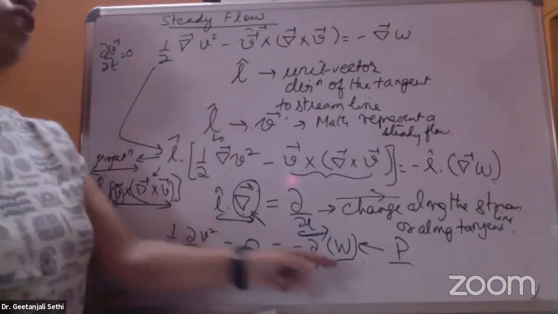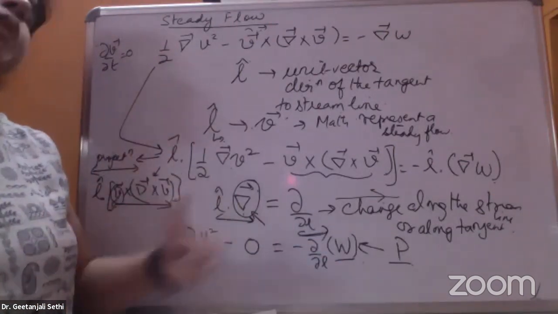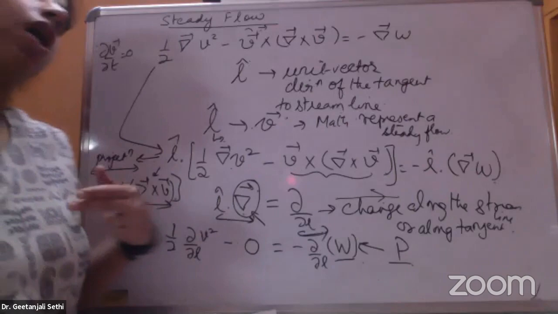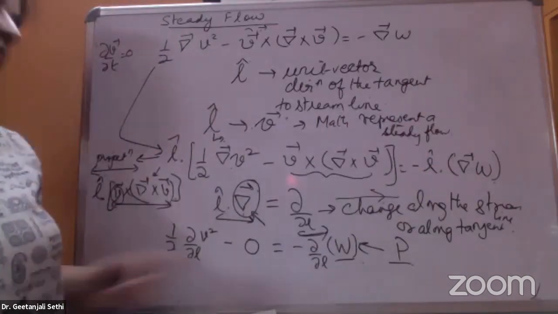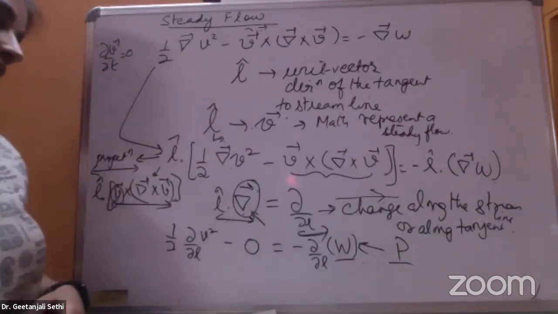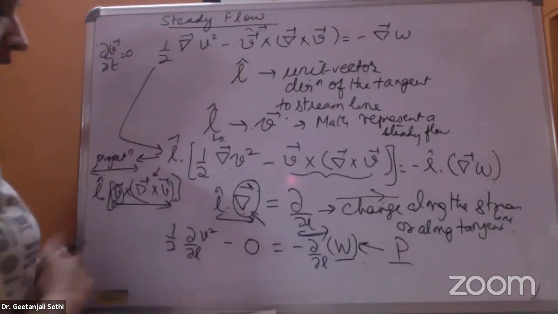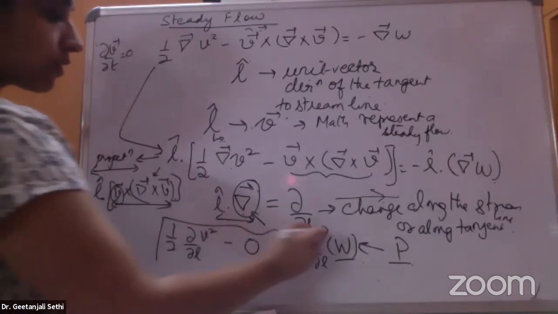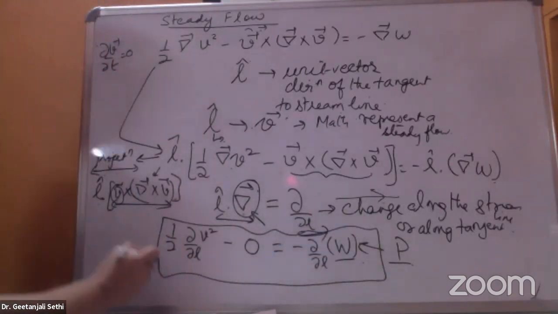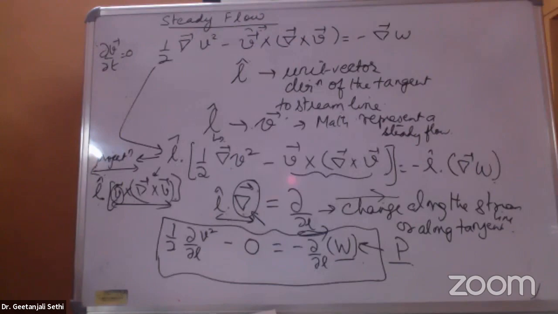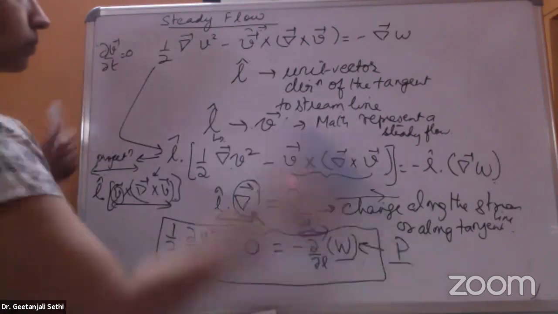So this is a measure of how the pressure changes along the direction of flow. So that's what this term represents, right? Wonderful. I have a very nice equation. I just rewrite this equation.